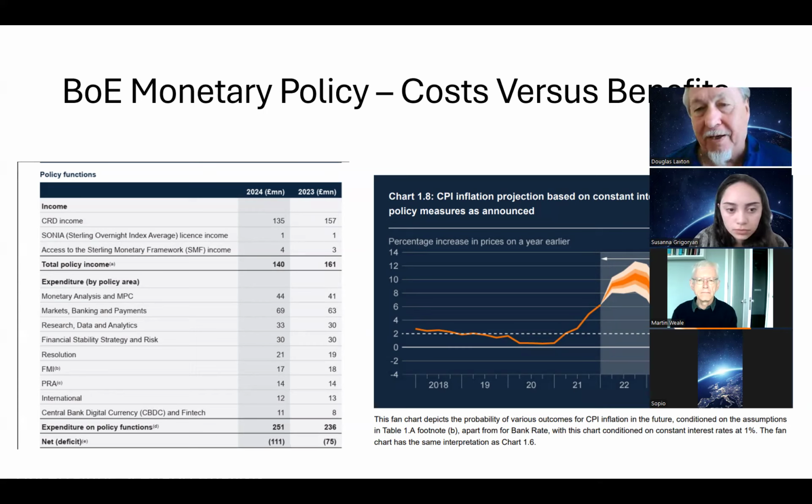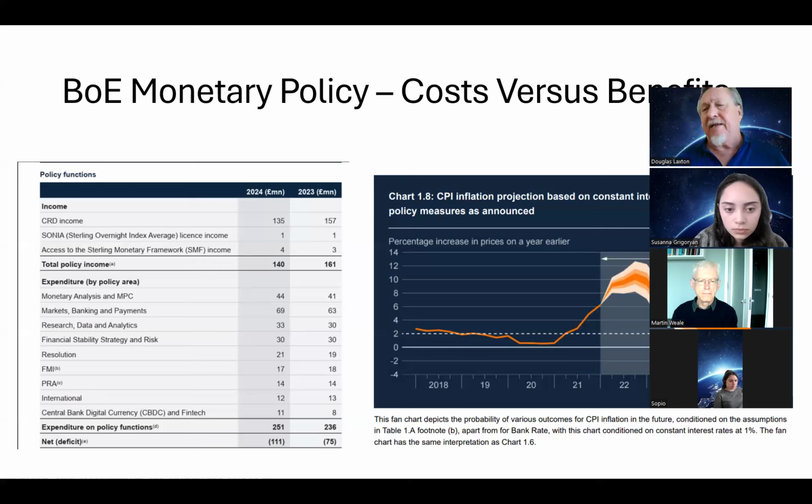So I wanted to correct that. If you look at the table for last year, you can see that monetary policy was 44 million pounds, which is approximately 50 million U.S. dollars. So I'm very interested to see what the number for 2025 is.